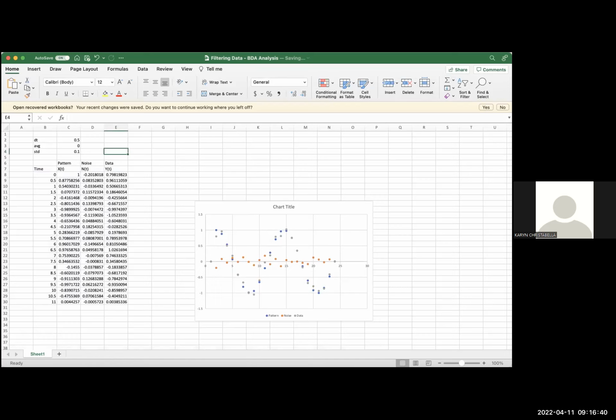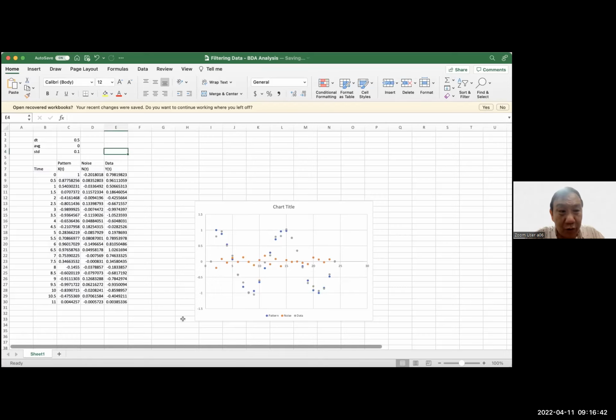Yes, sir. Okay, so the noise depends on your standard deviation. Can you see that or not? Okay, so the dispersion is actually creating that noise. Okay. And if your average is actually not 0, you will create a trend.